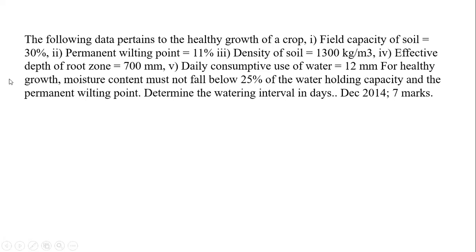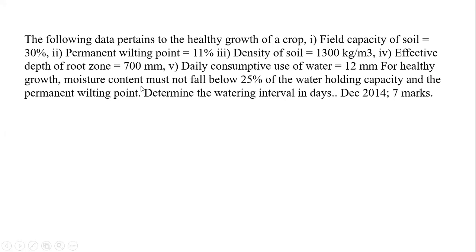Then the effective depth of the root zone is 700 millimeters. Daily consumptive use is 12 millimeters for healthy growth. Moisture content must not fall below 25% of the water holding capacity and the permanent wilting point. It means they have given us the limit as 25% instead of the 80% which you assumed in the previous example, which was asked in the engineering services examinations.